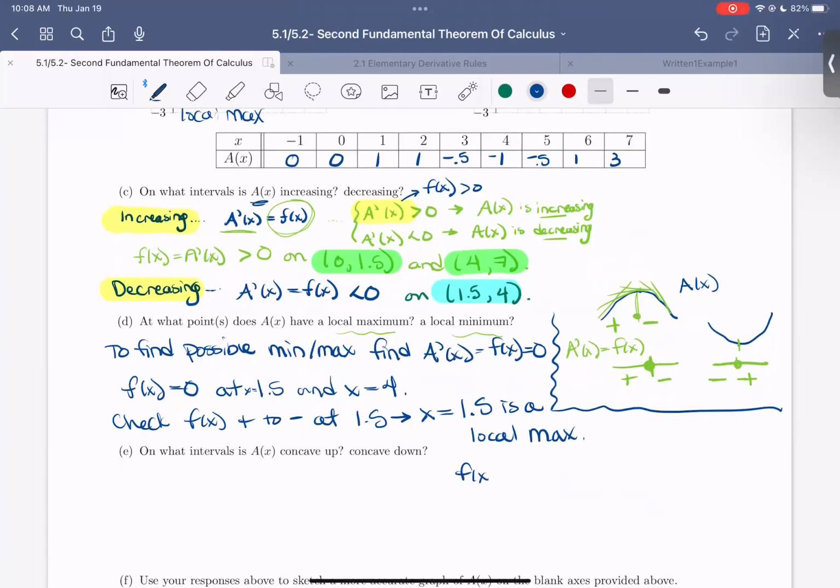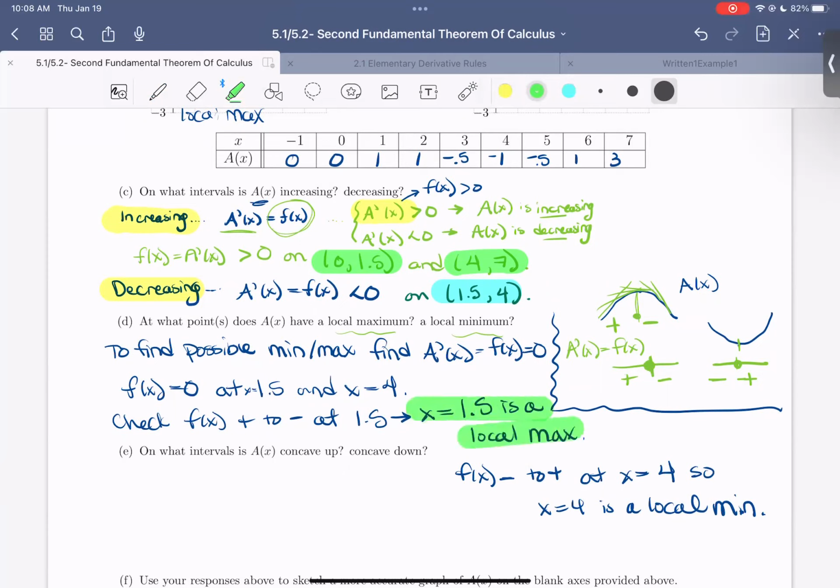And f of x goes from negative to positive at x equals 4. So x equals 4 is a local min. So just highlight our summary here. X equals 0.5 is a local min. X equals 0.8, x equals 4 is a local max.